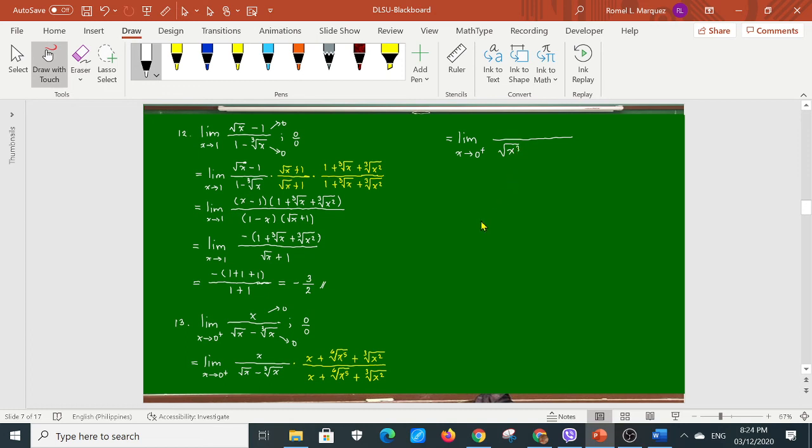Ano ang cube ng square root ng x? Square root ng x, square root ng x, square root ng x. So, that is x square root ng x. Anong cube root ng x cube? Square root ng x cube. So, that is x square root of x. Okay?